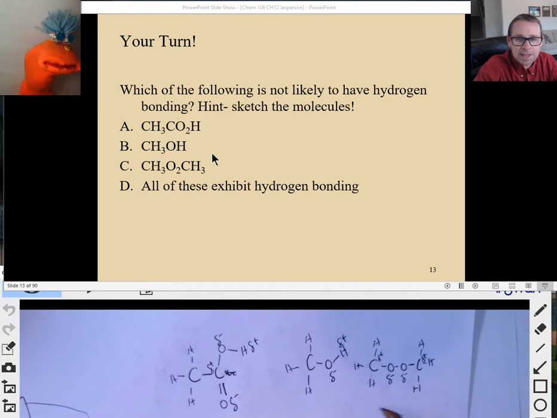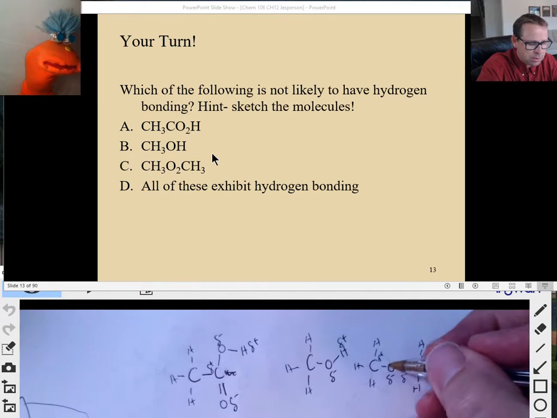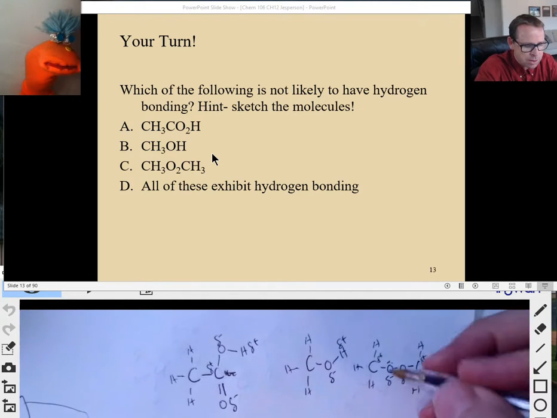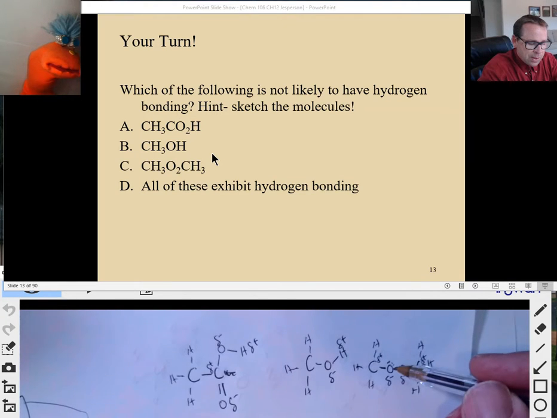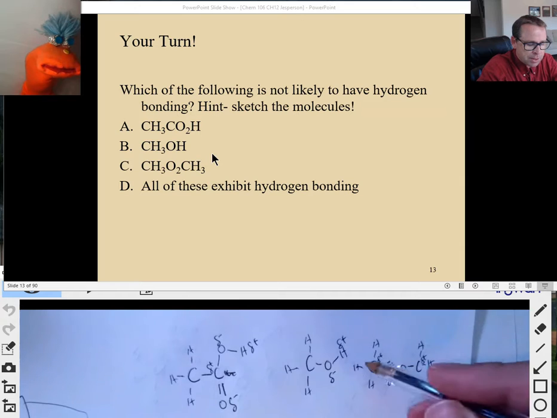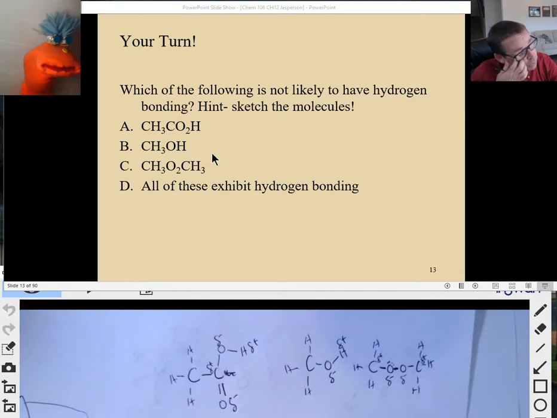I haven't drawn it exactly right because there's 2 lone pairs there that I didn't include, right? The angle between this bond and this bond here would be, with 4 regions of electron density, a little less than 109.5. So it's not completely symmetric, but there is a degree of symmetry which would weaken the dipole moment there. All right?